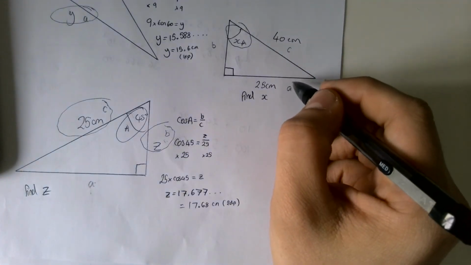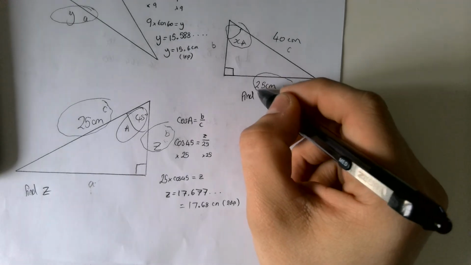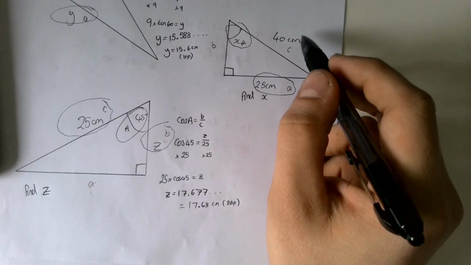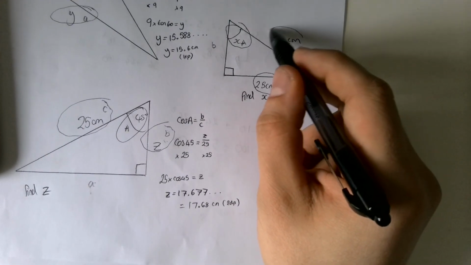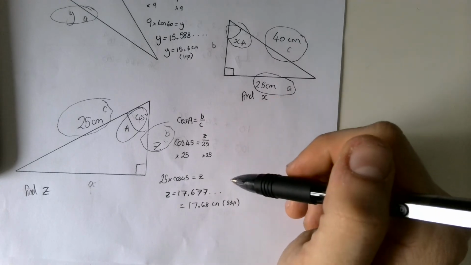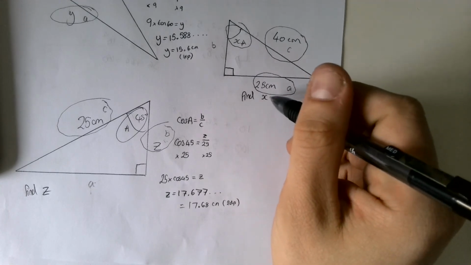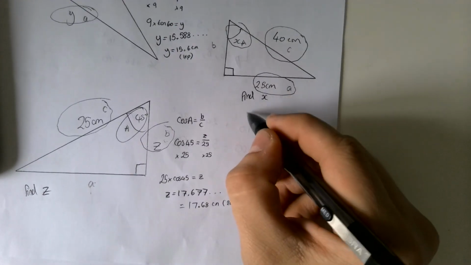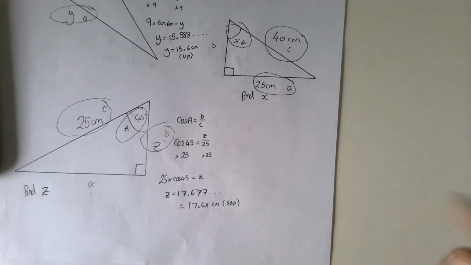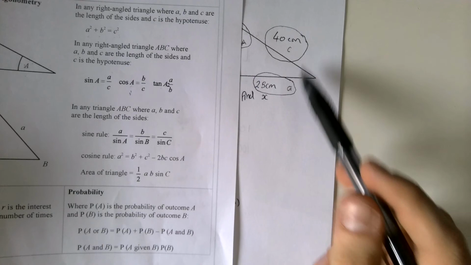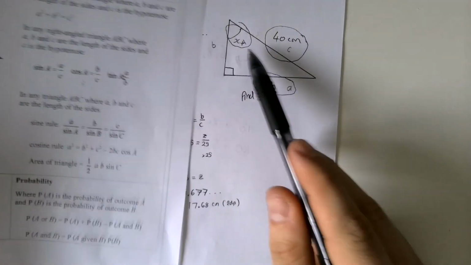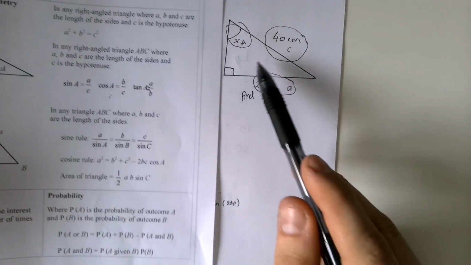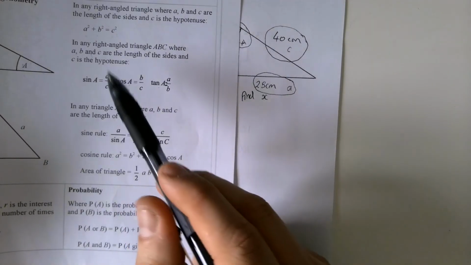We've been given that A is 25, and we've been given that C is 40. And we're being asked to find X. So I'm looking on my formula sheet for what links A and C, because those are the only two sides I'm given. No idea what B is, and it doesn't matter. It's not relevant here.